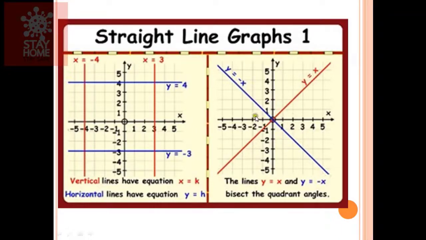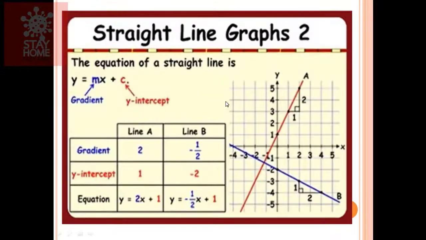You can see here, for 1 it is 1, for minus 2 it equals 2, for minus 3 equals 3, for minus 4 equals 4, and for minus 5 equals 5. In this way, 1 minus 1, 2 minus 2, 3 minus 3. When you join these points, that will be a straight line, no bend.